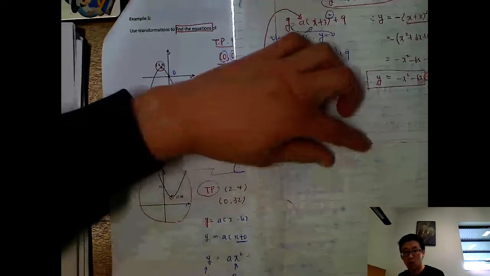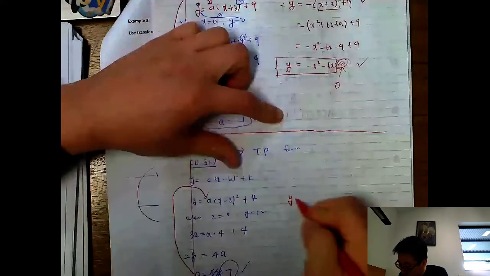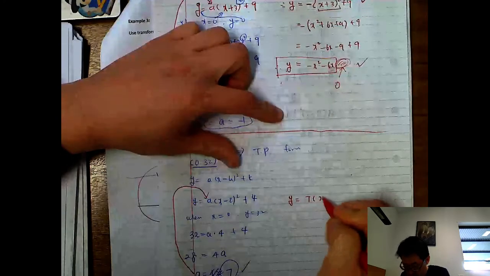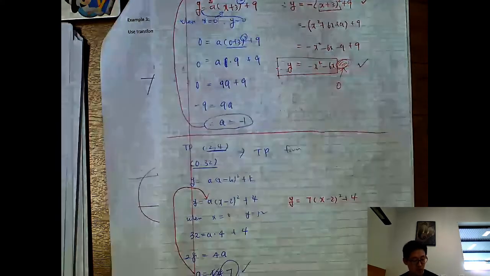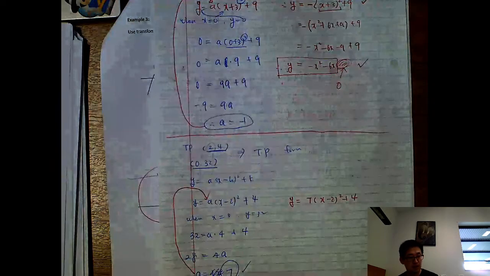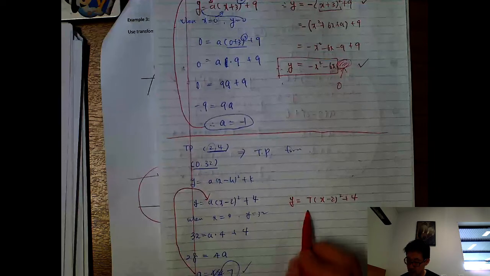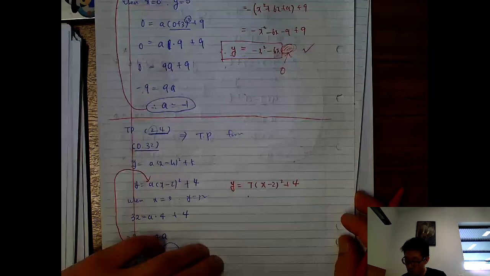Therefore, y equals 7, x minus 2 squared plus 4. You can leave it that way, or you can expand it if they ask for a specific form.